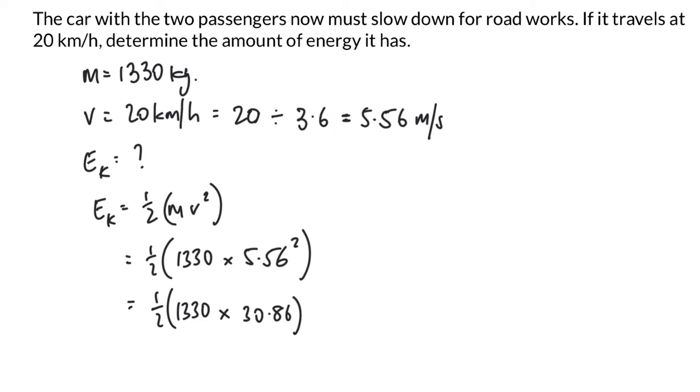So I'll press the equals button after the squared, times that by the 1,330, and press equals, and I'll get 41049.4, and then I halve that, and once I halve that, I will get 20524.7 joules. Okay, so that is the amount of energy that one has. Because it's going much slower, the amount of energy is much lower. Right, let's move on. Oh wait, there's more questions here.